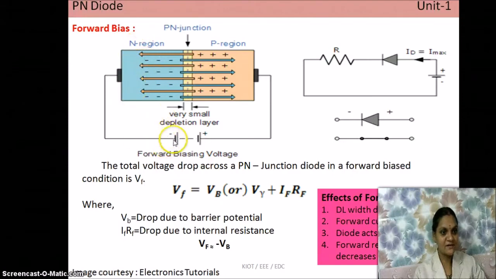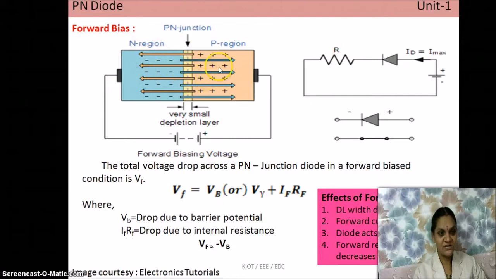Similarly on this side, the N region is connected to the negative terminal, and its majority charge carriers are electrons, so the repulsion will be there. All the electrons start to move towards the P region. The electrons moving towards the P region are represented by blue arrows, and all the holes moving towards the N region are represented by orange arrowheads. So this is the way.